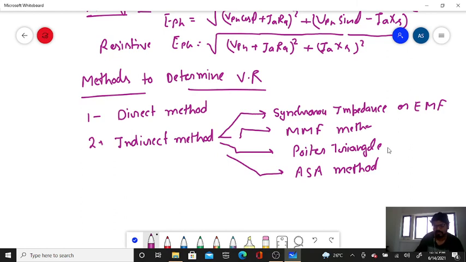The Potier triangle method is the best method. And this ASA is a modification of Potier only, and the Potier triangle method is also based on the MMF method. We'll discuss these methods one by one in the next lecture. Thank you.